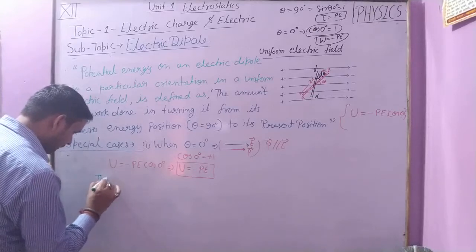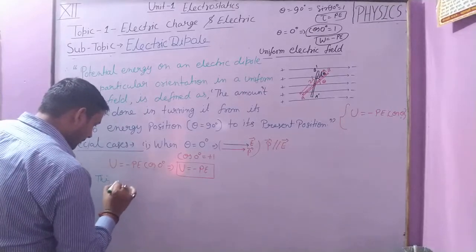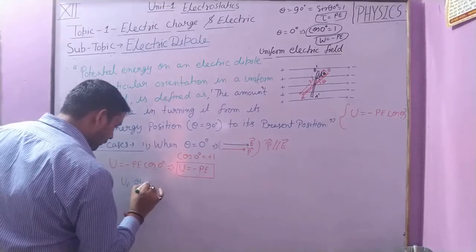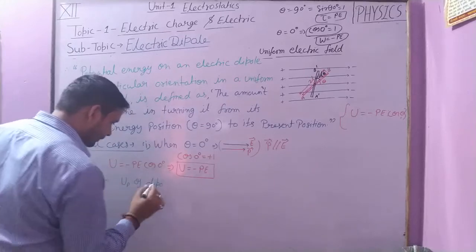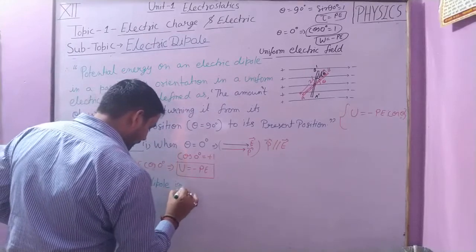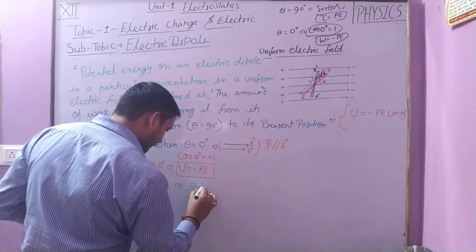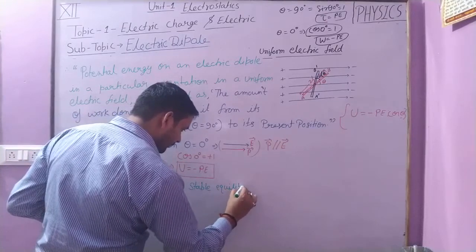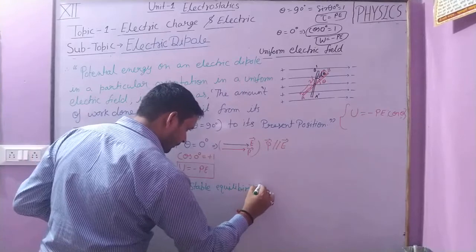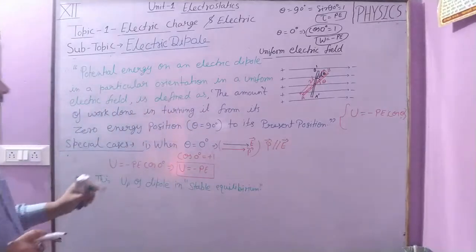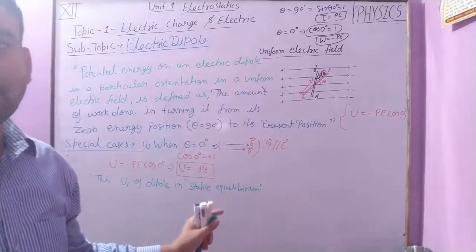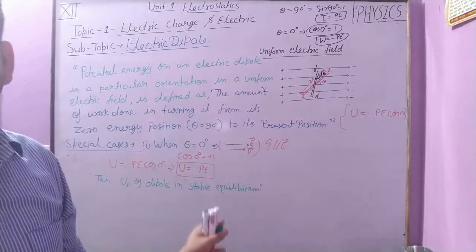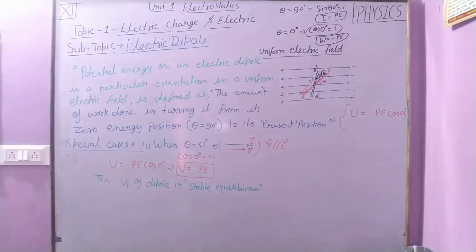This is the potential energy of the dipole in stable equilibrium. After calculating all three cases, we will understand in which case the potential energy is maximum and in which case the potential energy is minimum.